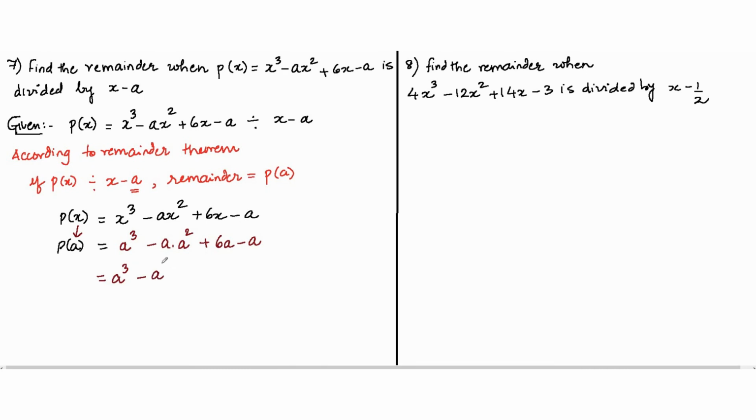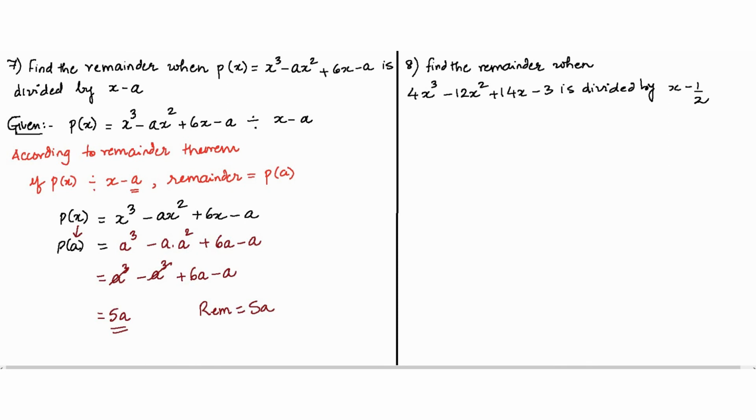Now this becomes a cube minus a cube plus 6a minus a. A cube minus a cube cancels and 6a minus a becomes 5a. Therefore, the remainder is 5a. You will notice that because the value of a was not a constant, when we substituted a in place of x in the given dividend, a cube cancelled, but the value of a remained as is. Therefore, the remainder in this case is 5a.